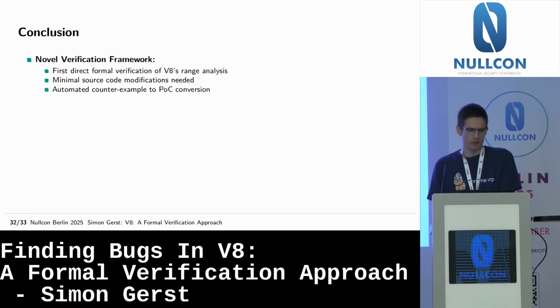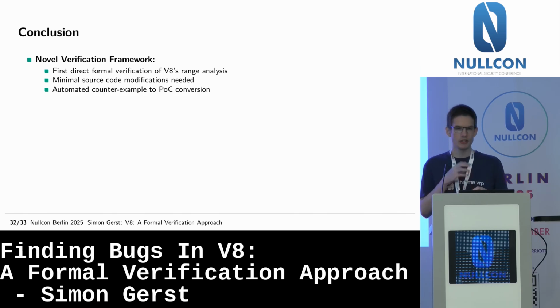So, conclusion. This is, at least as far as I know, the first direct formalization attempt of V8's range analysis. I needed minimal source code verification. Like in many papers, if they try to prove such range analysis code, they sometimes extract the original source code and translate it into another language, which is easier to verify.